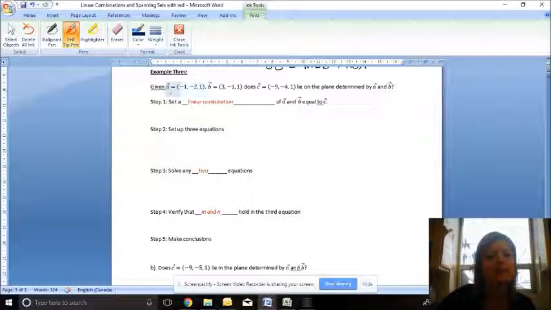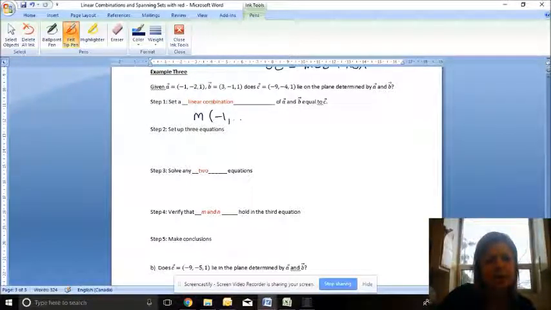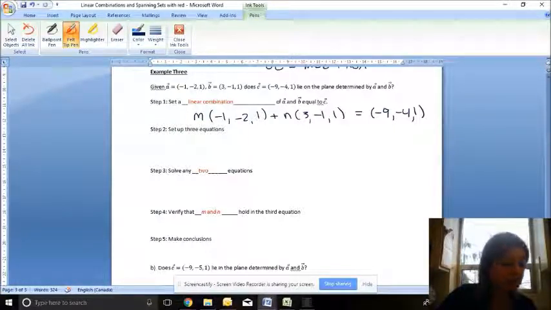Because the vectors are named A and B, we're going to call our coefficients m and n. We set up a linear combination of the given vectors: m in front of -1, -2, 1, and n in front of 3, -1, 1. Can we find an m and n so that there's a linear combination that equals C as required?